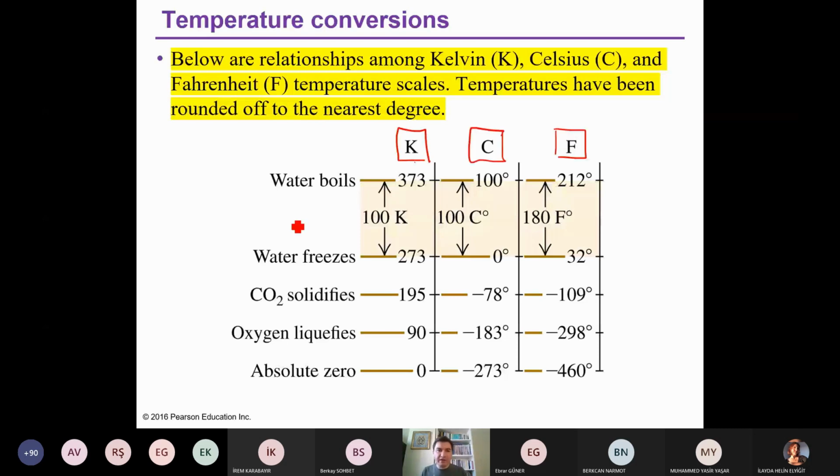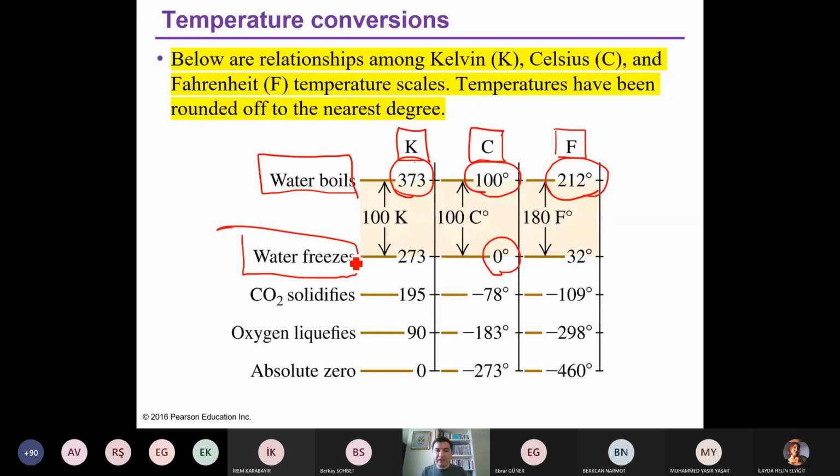So we know that water boils at 100 degrees Celsius, and in the Kelvin scale, it is 373 Kelvin. And in the Fahrenheit scale, it is 212 degrees Fahrenheit. And we know that water freezes at 0 degrees Celsius, and in the Kelvin scale it is 273 Kelvin. In the Fahrenheit scale it is 32 degrees Fahrenheit.